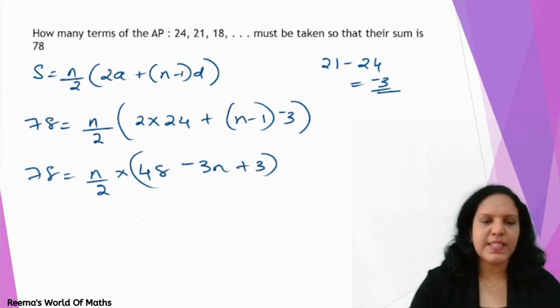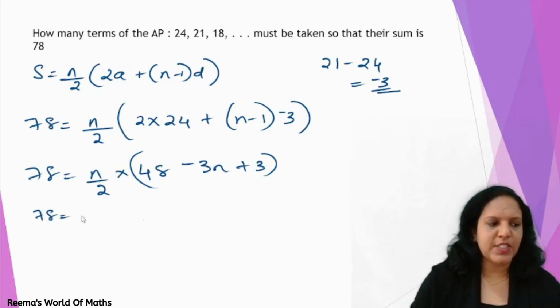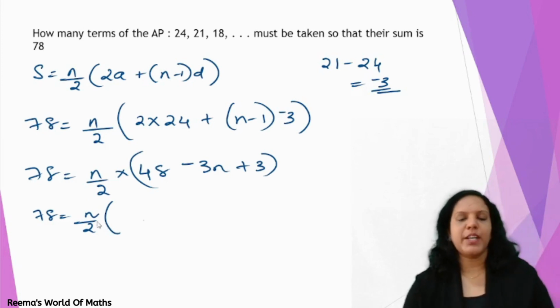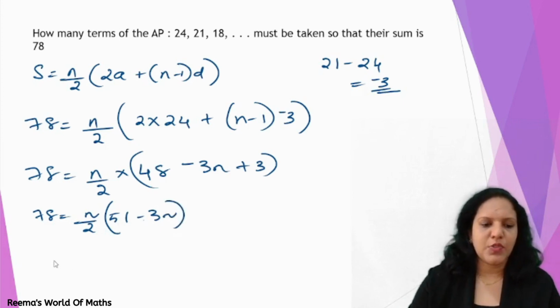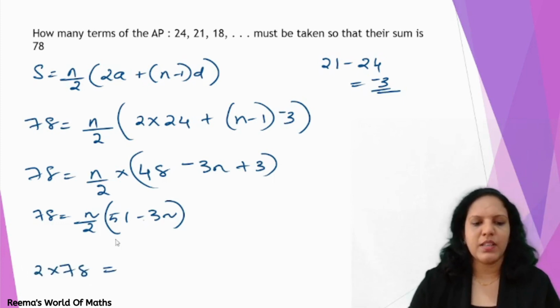So that will be 78 equals n by 2 multiplied by 48 plus 3, which is 51, 51 minus 3n, correct? So we can take 2 to the other side. So that will be 2 multiplied by 78 equals, we can write, n multiplied by 51.